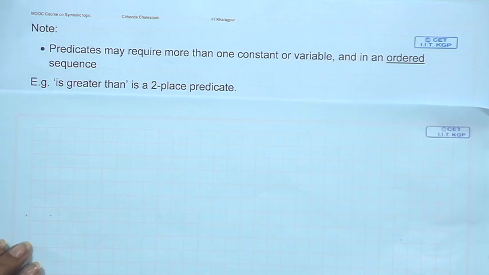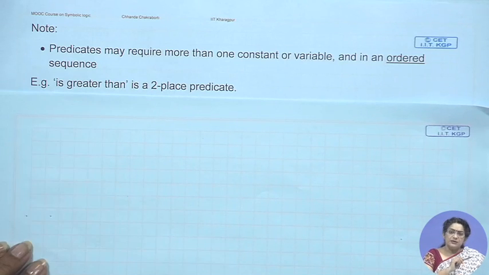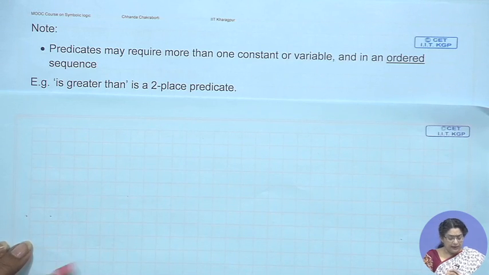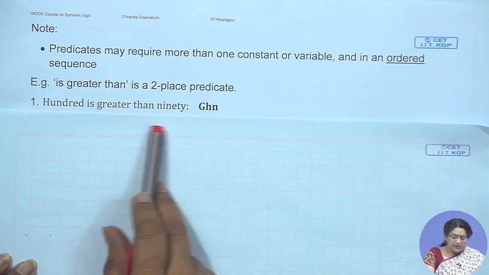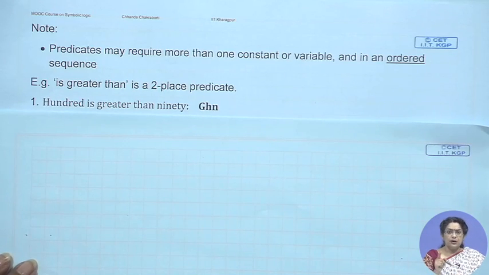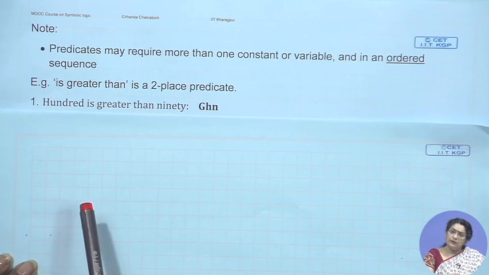Take, for example, 'is greater than'. That is obviously a 2-place predicate. Something has to be greater than something else, right? So, you are going to need either 2 constants or 2 variables here. For example, 100 is greater than 90. Now, that is a constant, because 100 is one specific number and 90 is one specific number. They are like names of numbers. So, we have chosen h and n, h for 100, n for 90.